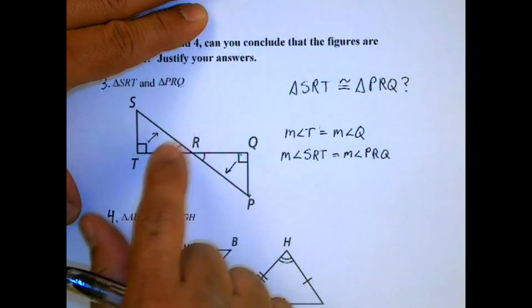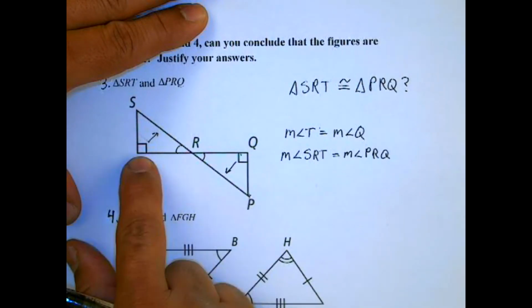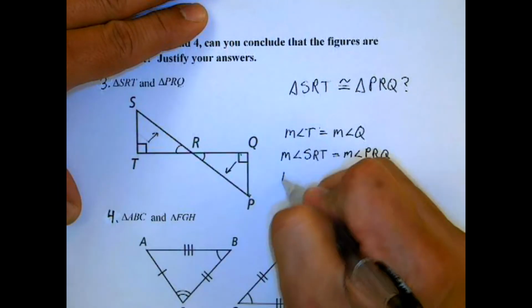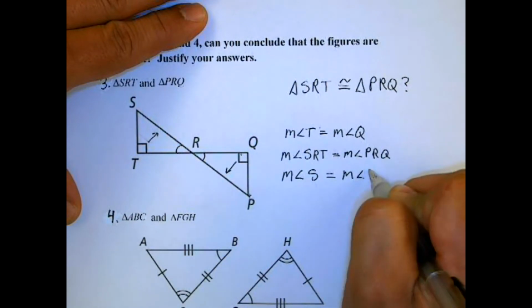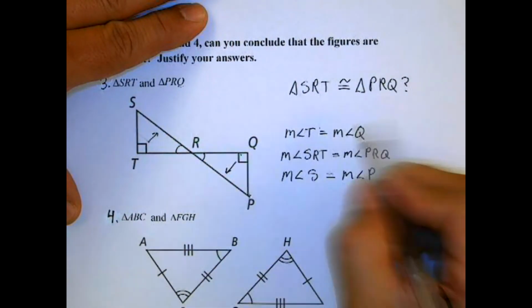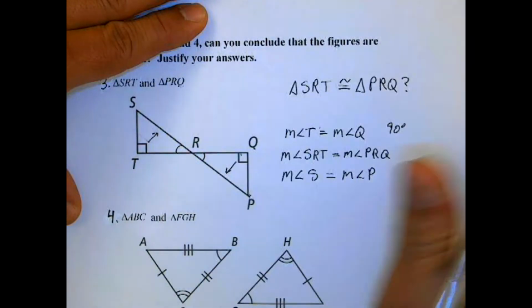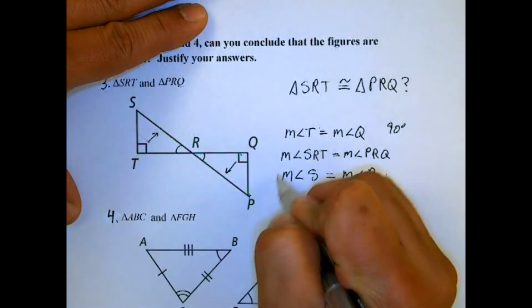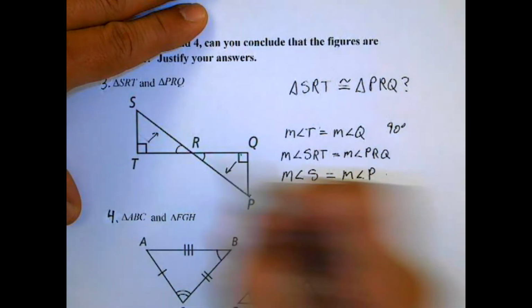Well, if that angle is congruent to that angle and the 90-degree angles are equal to each other, by default, automatically we can say that the measure of angle S will be equal to the measure of angle P, because since this is 90 degrees and these two are equal to each other, whatever that angle is, we're going to add 90 plus this angle and subtract it from 180, and we're going to end up getting this one. So all three of these angles are congruent to each other by this diagram.